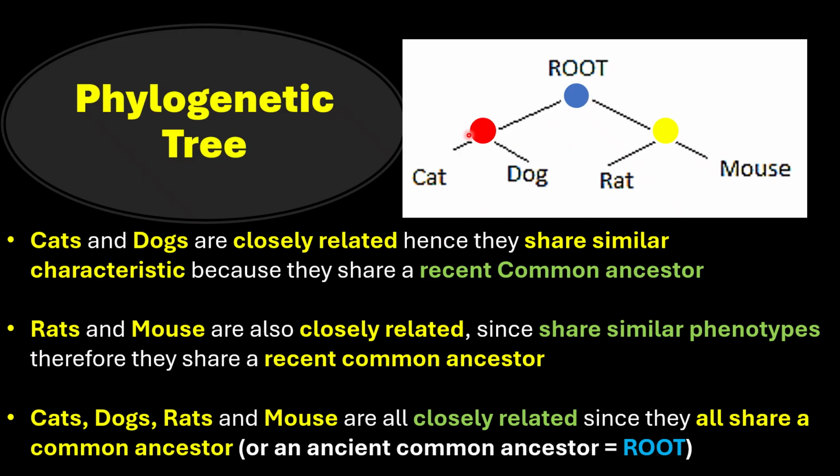This ancestor here is related to this ancestor because they both share a common ancestor. But the offspring of this ancestor will look slightly different from the descendants of this ancestor. Hence, cat and dog are more related because they share a common ancestor, but they are distantly related to rat and mouse, because all four share a common ancestor at the part labeled as root.